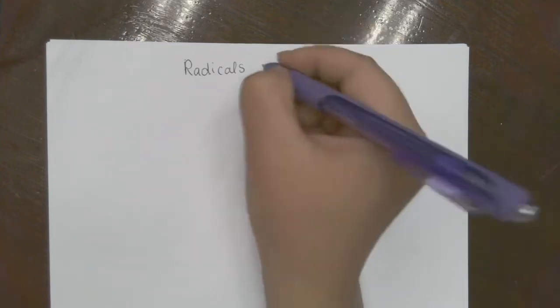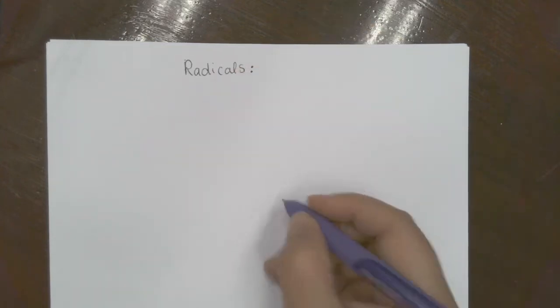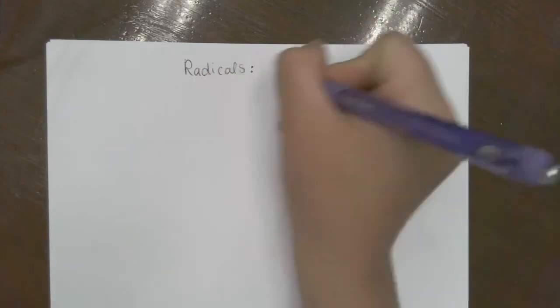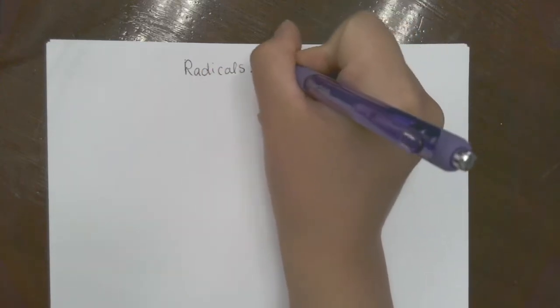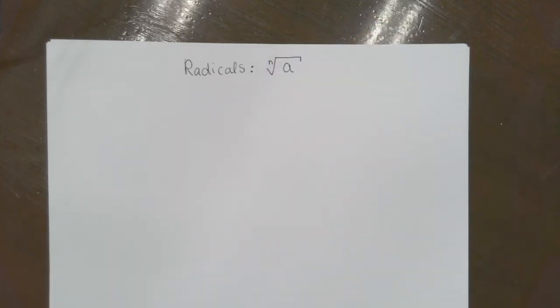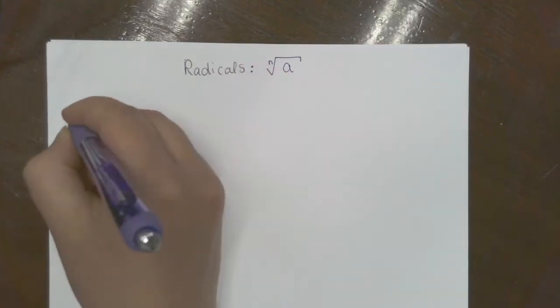We're just talking about a few. One of the first radical properties is the exponent. I'm just going to do a quick show of the radical: you have an index and you have the radicand. So, properties.